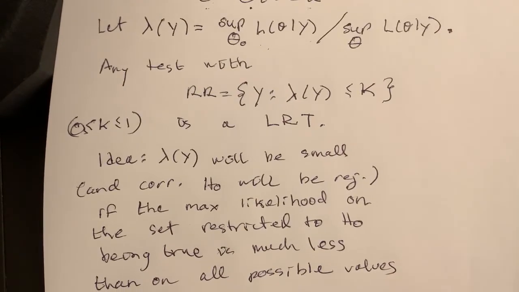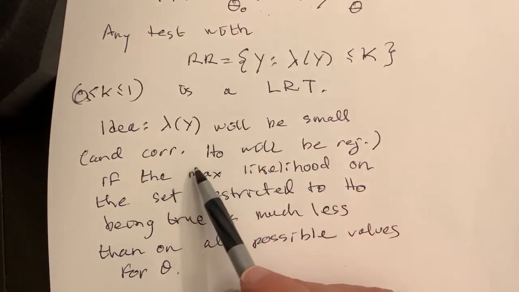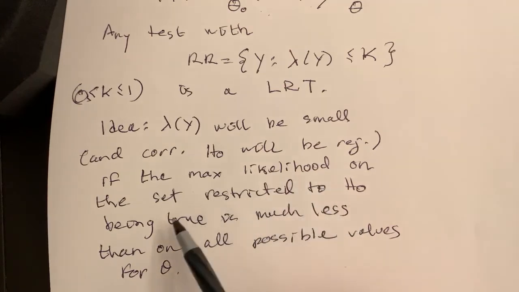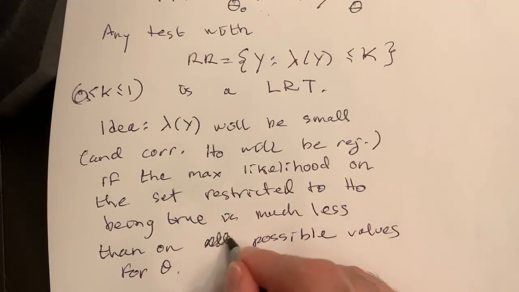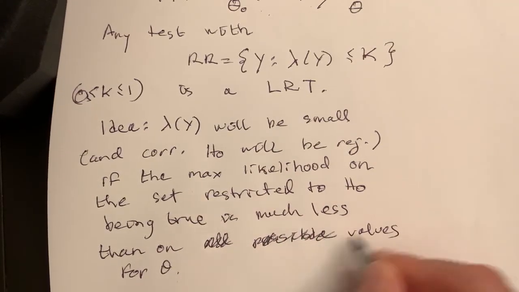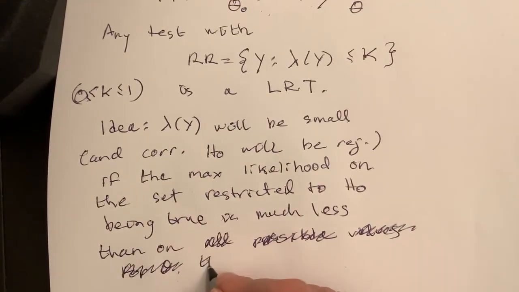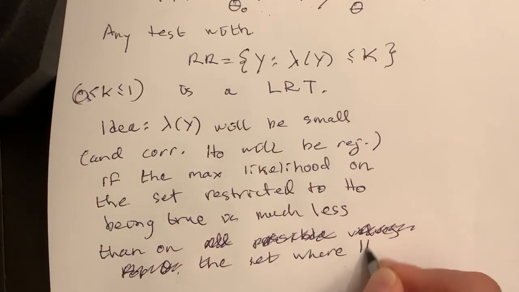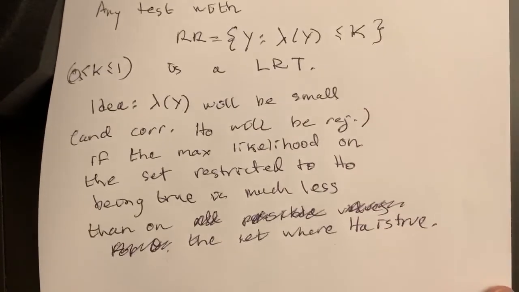So the idea is that the statistic lambda, the ratio of the two, will be small, and correspondingly H0 will be rejected if the max likelihood on the set restricted to H0 being true is much less than on the set where HA is true.